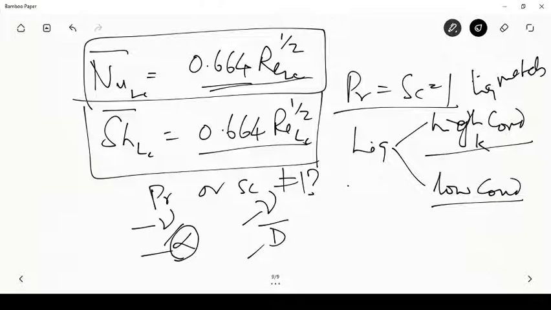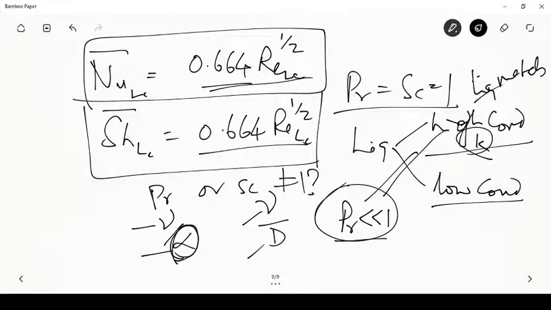Say for example, molten steel in the steel plant is a liquid metal. Such substances which have a high value of K and therefore a high value of alpha will have a Prandtl number much less than 1, because alpha would be much greater than nu. So this is the case of liquid metals. And for low conductivity materials, like oils which have a high viscosity but poor conductivity, they'll have a Prandtl number much greater than 1 because nu is much greater than alpha.